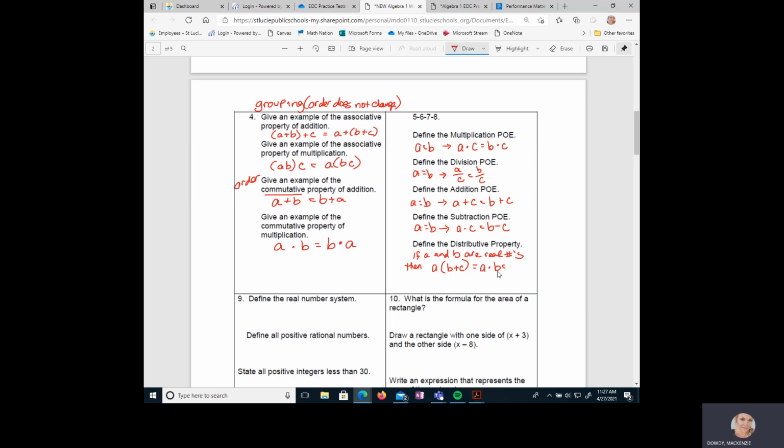That's wrong. Yeah, let me start over. That bell threw me off. A times B plus C is the same thing as A times B plus A times C.